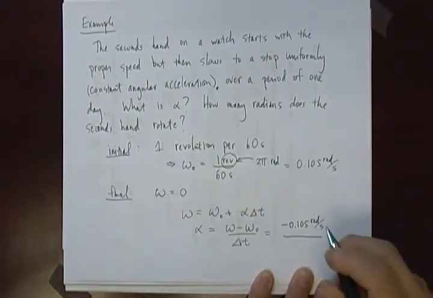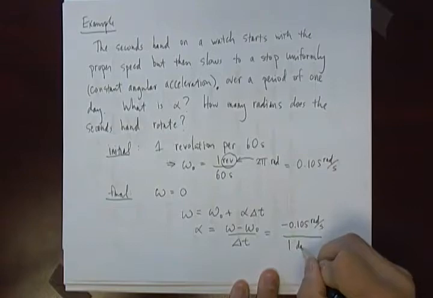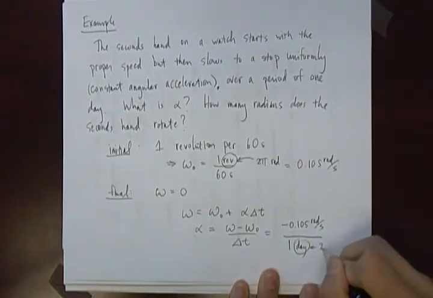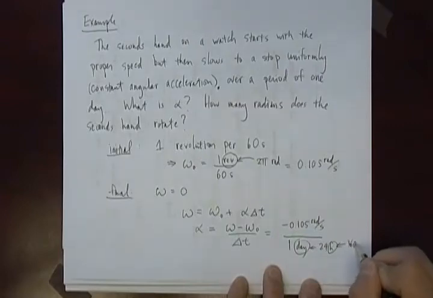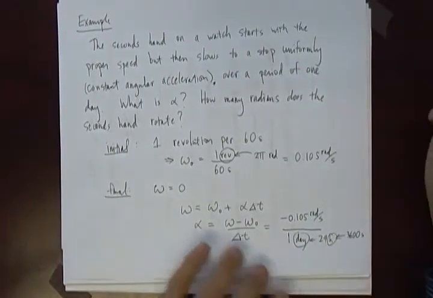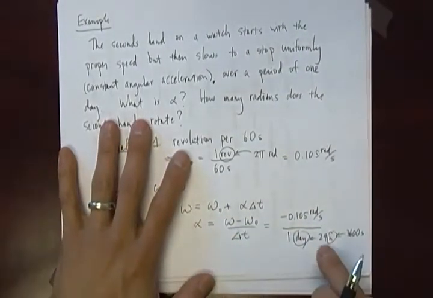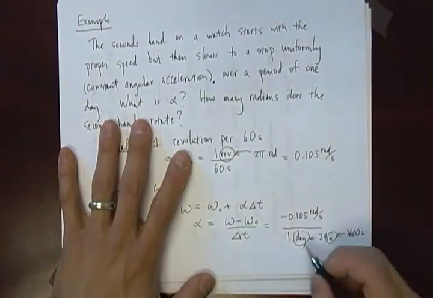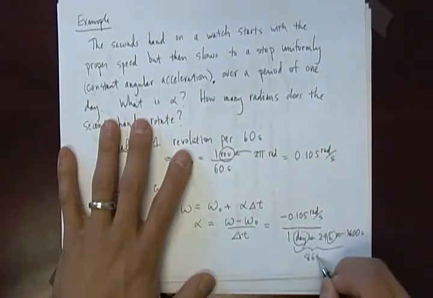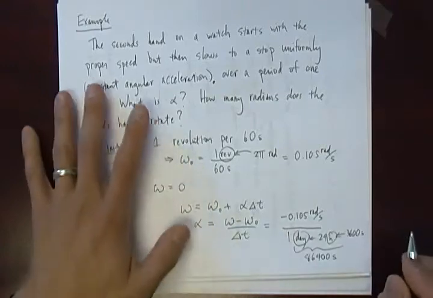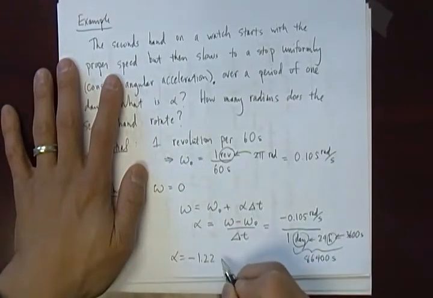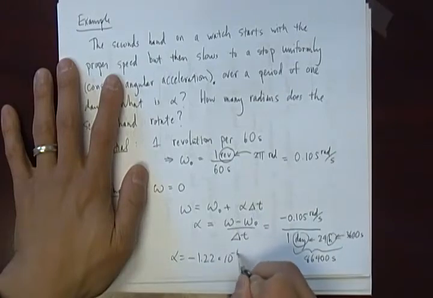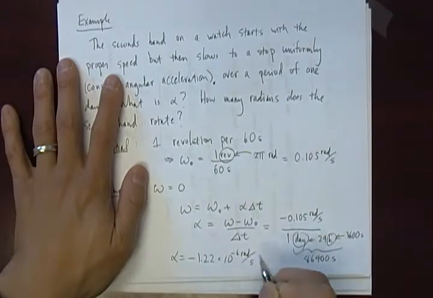And then we have the time, which is 1 day. A day is 24 hours, an hour is 3,600 seconds, so we have 1 times 24 times 3,600. That's going to be 86,400 seconds. And so we'll find that alpha is minus 1.22 times 10 to the minus 6 radians per second squared.